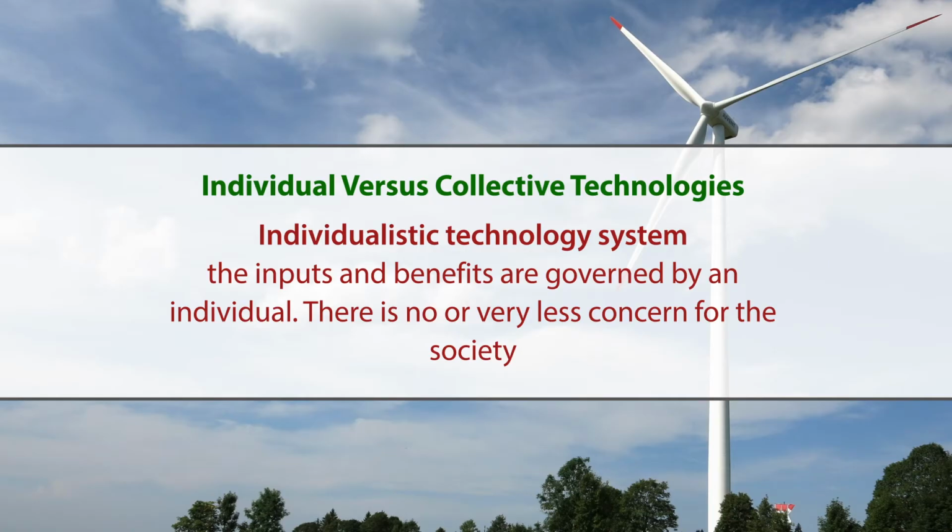For example, we as an individual, for our household, we can have a groundwater pumping system, and we can own it privately, but we are tapping a natural resource which is a common resource for everybody. But here the benefit is for an individual. So, we would call it an individualistic technology.